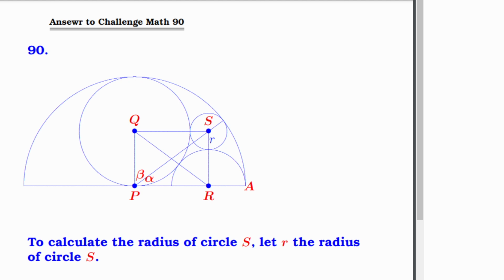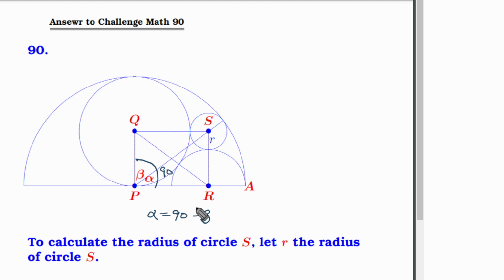Here, angle QPR is beta, angle SPR is alpha, and alpha plus beta is 90 degrees. You remember. This angle together is 90 degrees. Or you may use later alpha equals 90 minus beta.